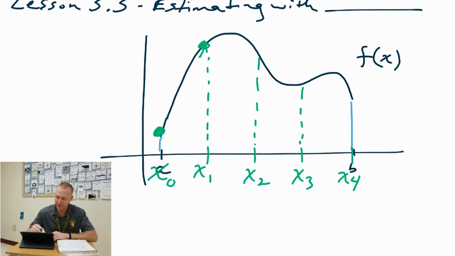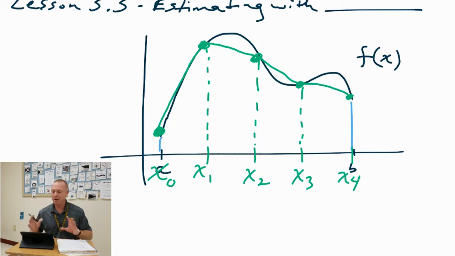Because if you think about it, when you connect the dots between each of these subintervals, a diagonally straight line is going to give us a much better estimation, a much better fit than rectangles. And so the secret's out. We're going to estimate with trapezoids.